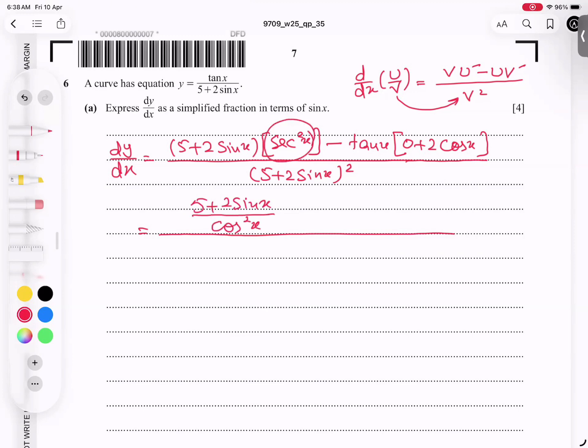Basically, secant squared is 1 by cos squared, you know it very well. And what is tan? Tan is sine over cos. And this cos, the 2 cos stay as it is. So this cos and this cos cancel out, and we are getting (5 + 2 sin x) whole squared.